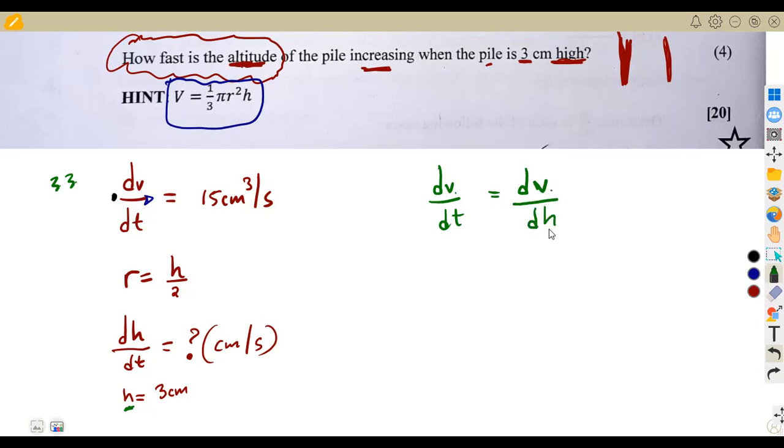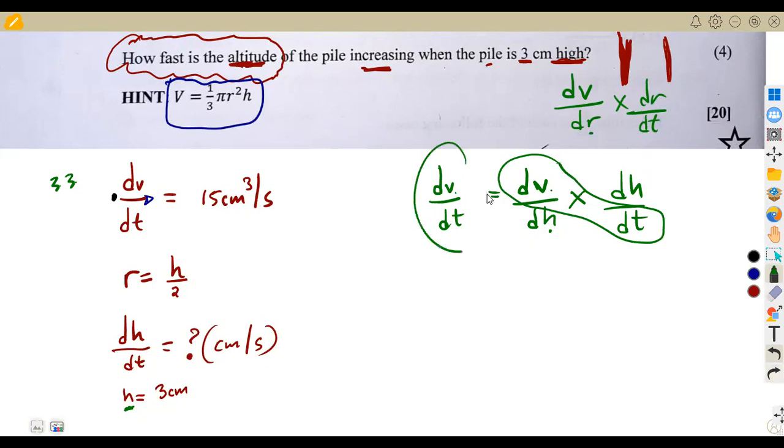What is affecting that volume? If it is the radius, it would be the derivative of volume with respect to the radius, times dr/dt, so that these two cancel and you remain with dV/dt.